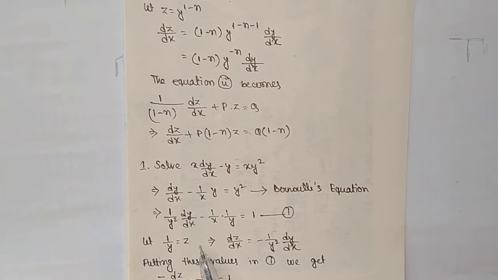Differentiating both sides with respect to x, we get dz/dx = -(1/y^2) dy/dx.